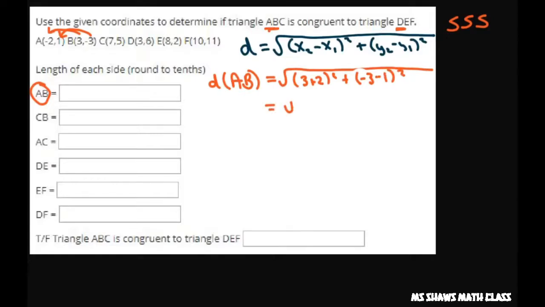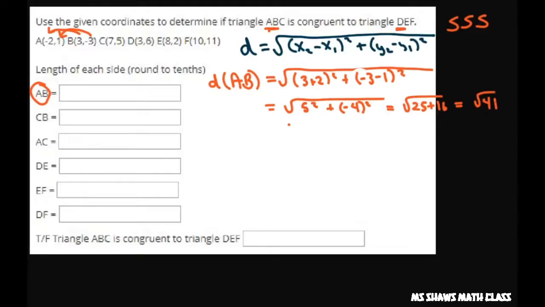So that gives me 5 squared plus negative 4 squared. So that equals 25 plus 16, which equals square root of 41.